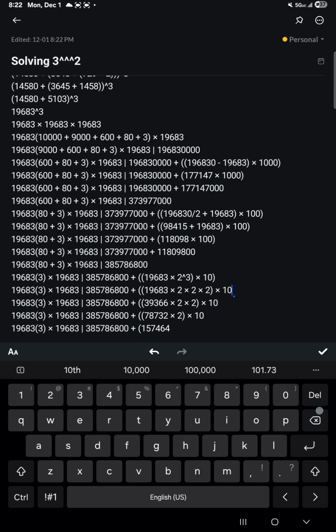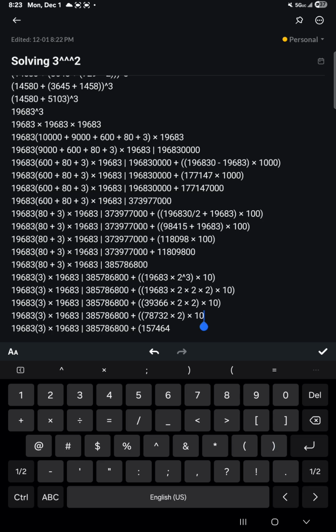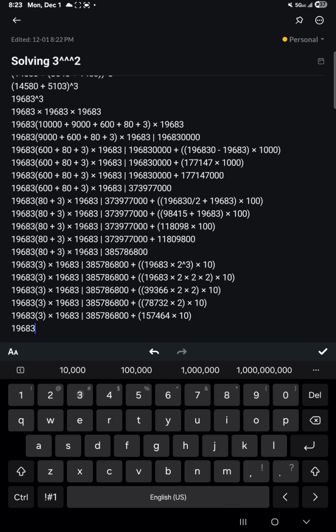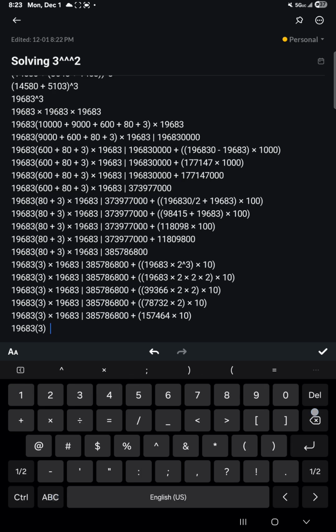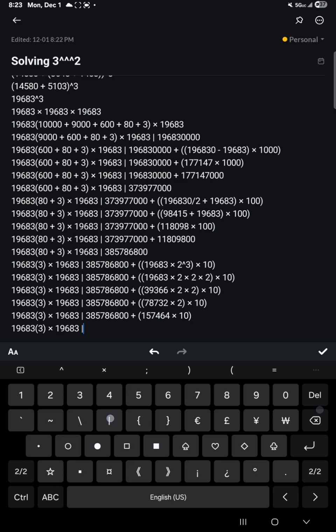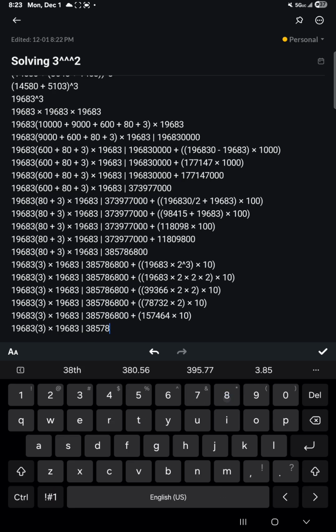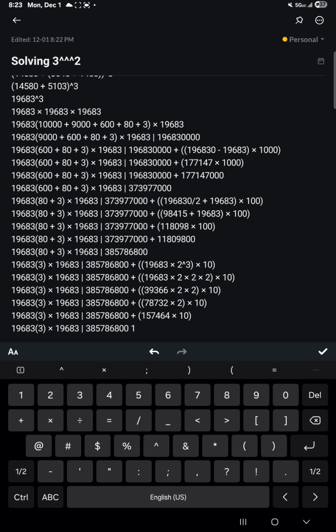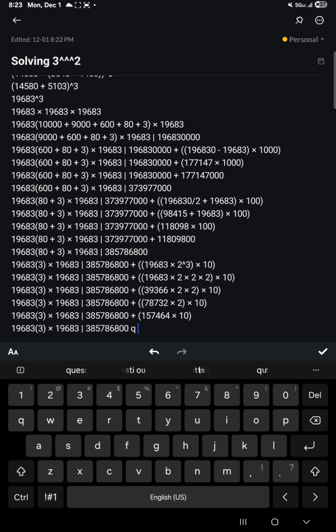I forgot to add the parentheses. So, again, add a 0 at the end when multiplying by 10. 17157 4640.